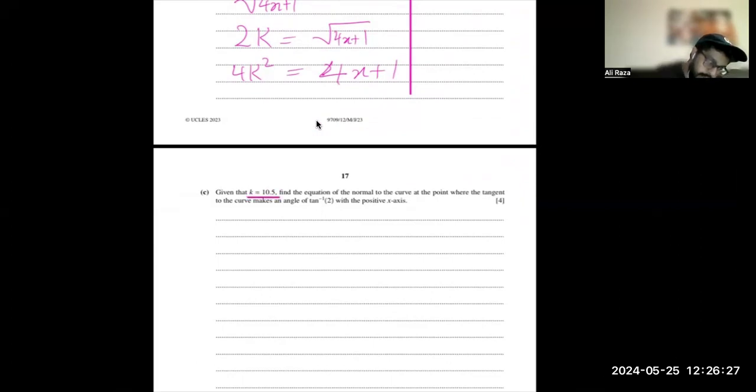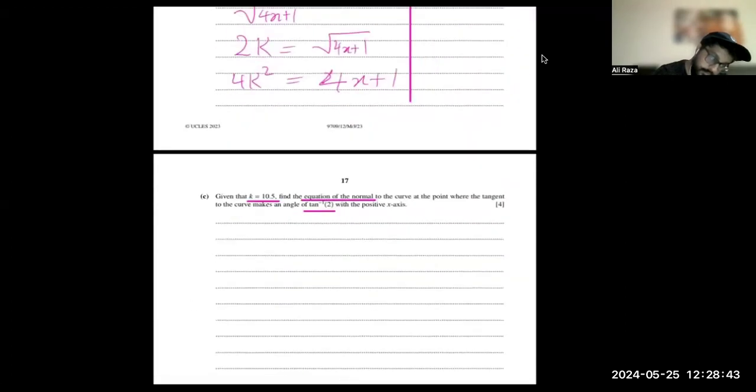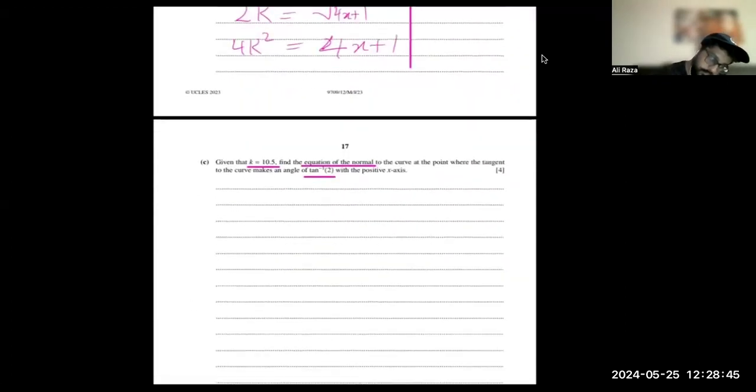We need to find the equation of the normal where the tangent to the curve makes an angle of tan inverse 2 with the positive axis. Let's draw a diagram to understand this question a bit.